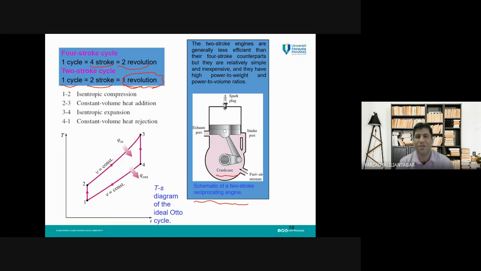And as I said, it is important to know that the efficiency for this type of engine is higher because for each revolution we have one power stroke. So generally we can say that the power for two-stroke engines is double compared to four-stroke engines, because in four-stroke engines we need two revolutions to have one power stroke.